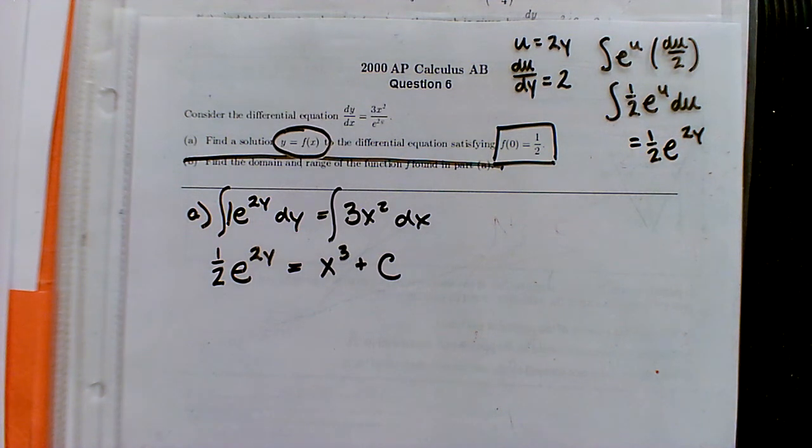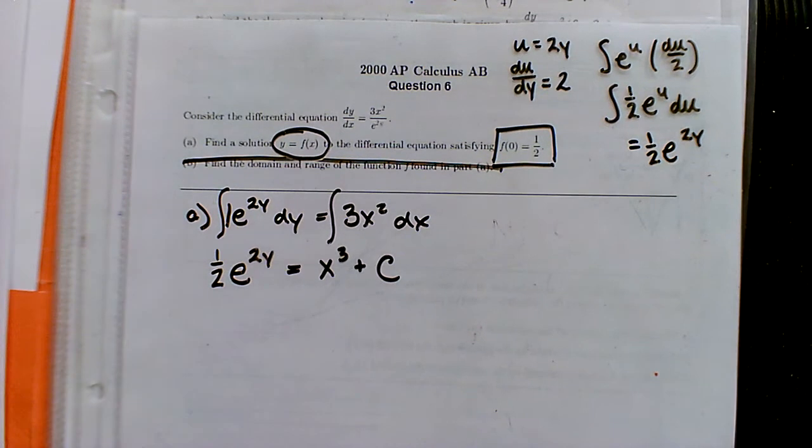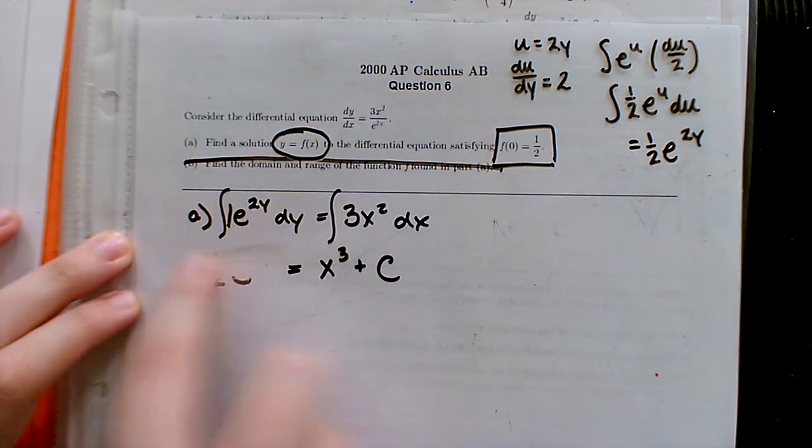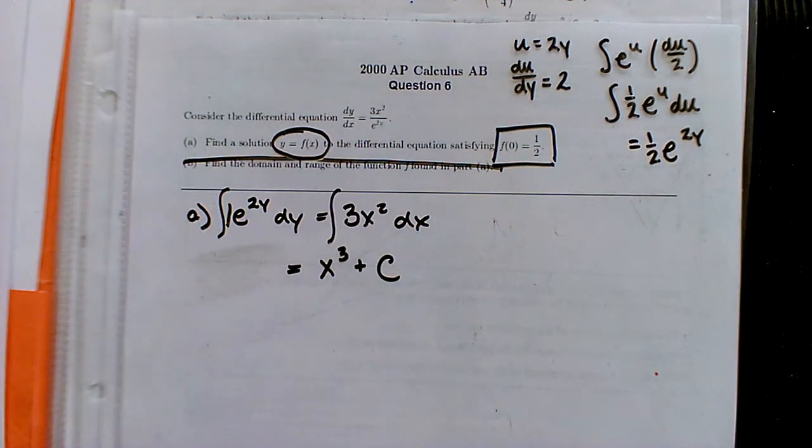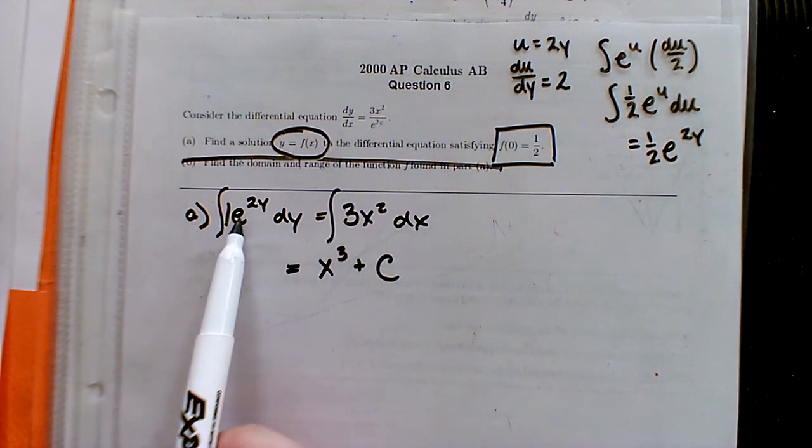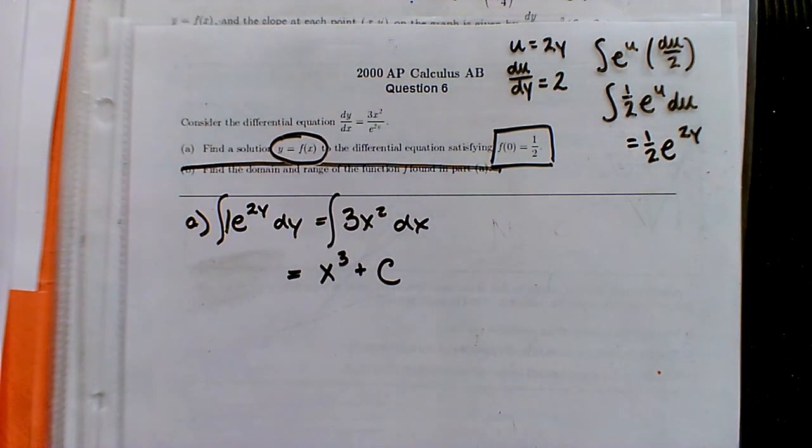Yeah. Can you explain how you found the antiderivative on the left again? Okay, so Dan noticed a little pattern here. Do you want to know Dan's pattern or the u substitution? Dan's pattern. Okay, so Dan noticed, he thought in his head, what does he have to take the derivative of to get a 1e to the 2y? If you think about the derivative of an exponential, the derivative is e to that power times the derivative of that power.